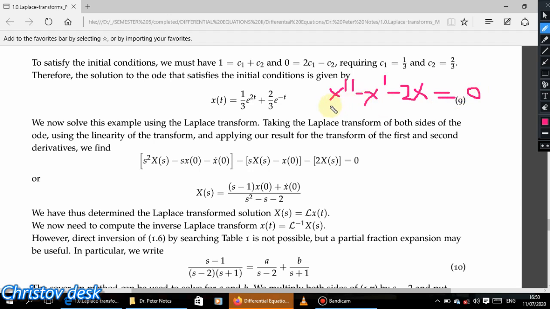So what we have to do is take the Laplace of x prime prime. What's the Laplace of x prime prime? So the Laplace of x prime prime, you have to know.